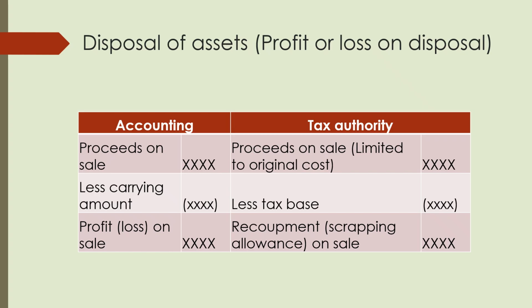To determine the profit or loss on disposal, the accountant will take the proceeds less the carrying amount, and that will give a profit or loss on the sale of the asset. However, the tax authority will take the proceeds less the tax base, and that will give a recoupment, or a scrapping allowance if it is a loss.